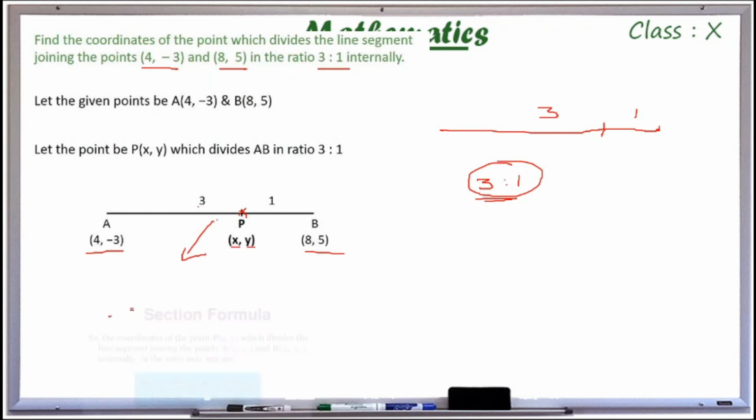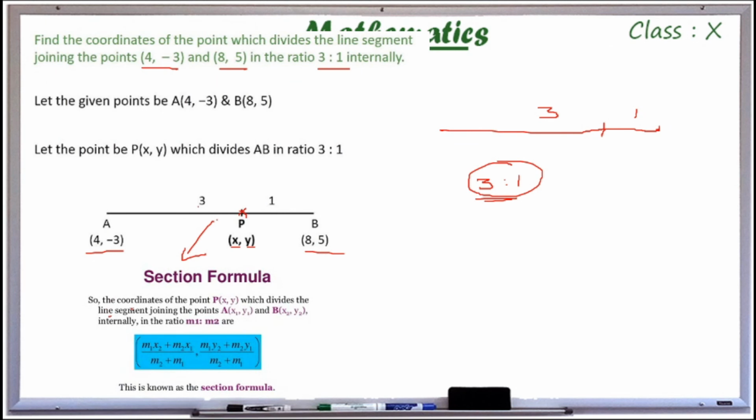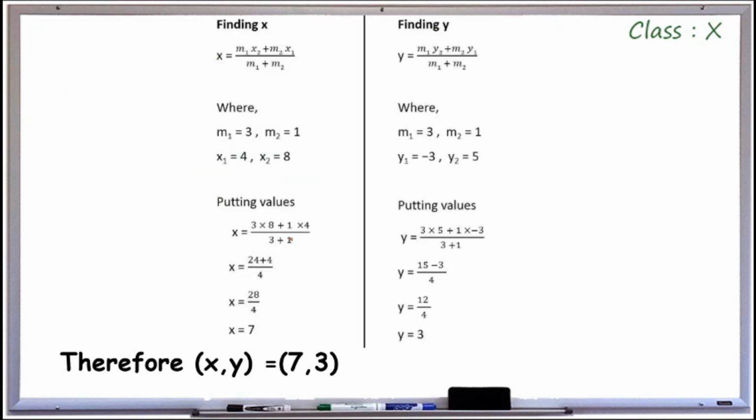We can find x by m1 x2 plus m2 x1 by m2 plus m1. Here m1 is 3, this is m1 and this is m2. All the values are available, x2 x1 are available here. So by using that, to find x we have a formula, and to find y you have a formula.